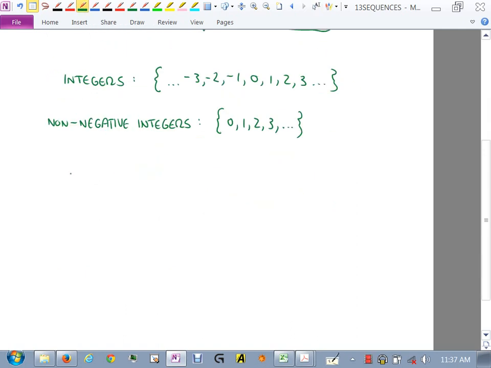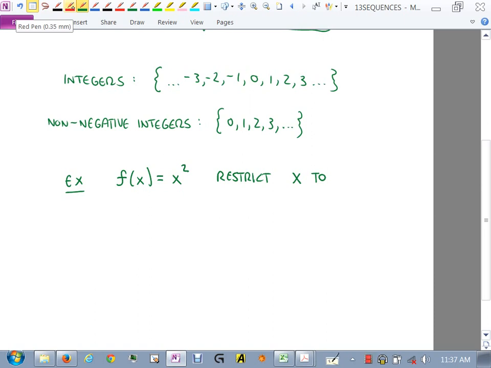So let me give you an example here. What if I take f of x equals x squared, but I restrict x to the non-negative integers? There's got to be a better way of saying non-negative integers, huh? Well, how do we say all real numbers?